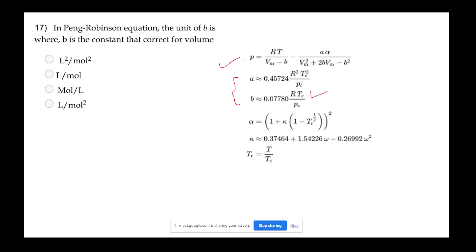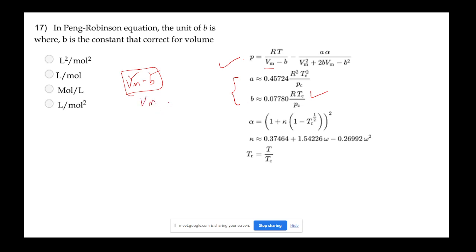Either you can check the formula and calculate the unit, or another way: Vm is nothing but the molar volume here. Since both the values are subtracted, the unit of Vm and B has to be the same.